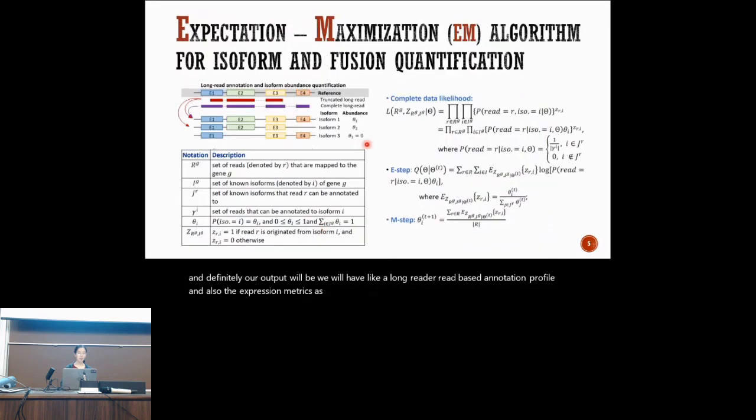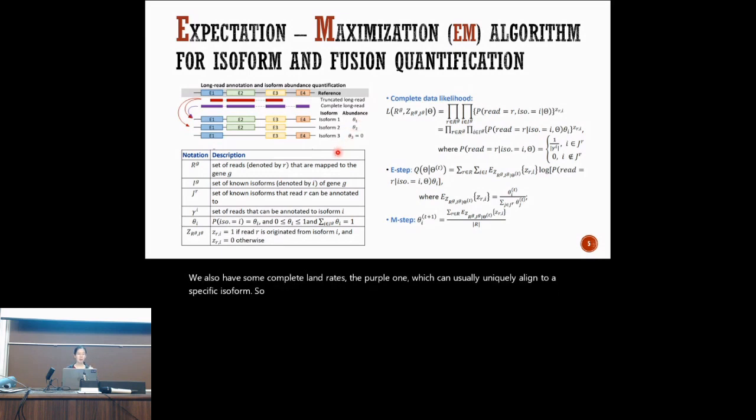I will maybe not go over all the details, but basically long reads will have some truncated long reads, as the red one shows, which may potentially align to more than one isoform, as the red arrow shows, maybe isoform 1 and 2 are their potential targets. We also have some complete long reads, the purple one, which can usually uniquely align to a specific isoform.